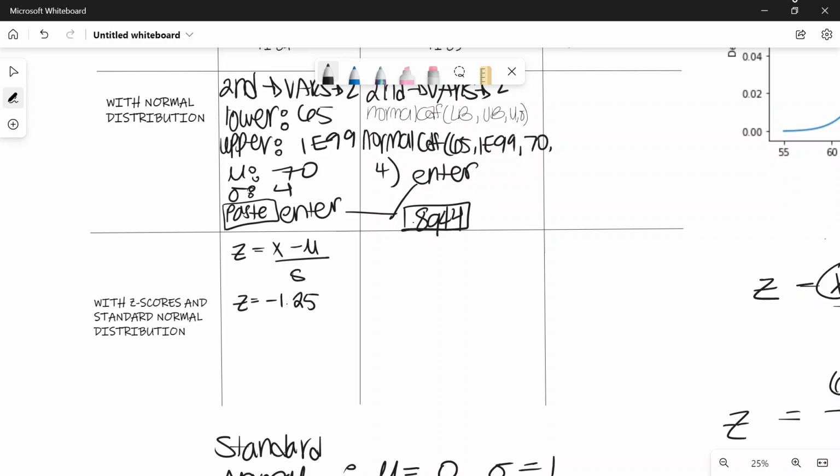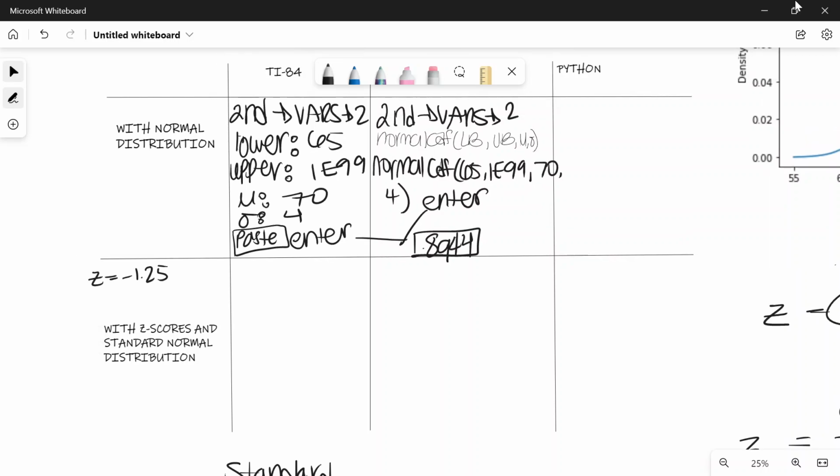Okay, well, essentially this is actually supposed to be here. So z-score is equal to -1.25, and then using our TI-84, it's the same thing.